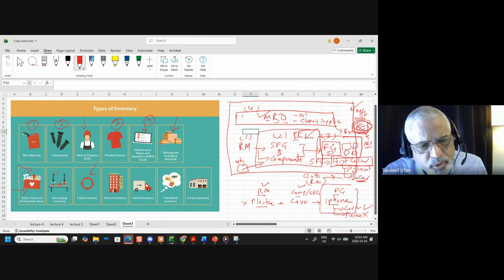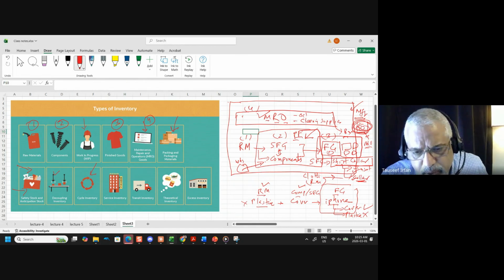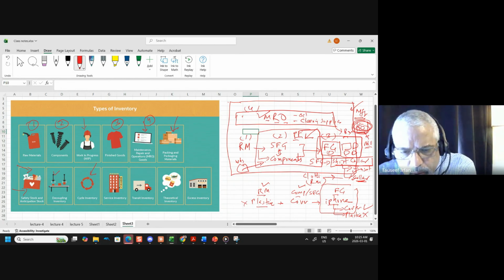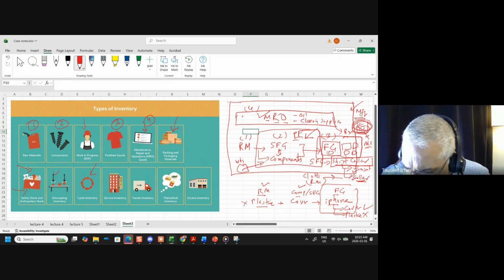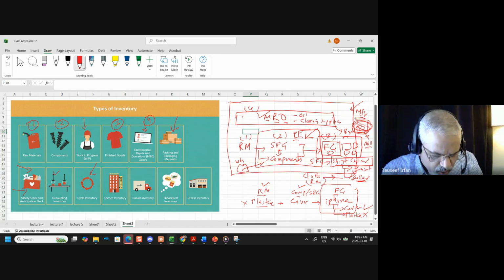If you get a job in the service industry, just make sure you understand supply chain concepts are all valid, but instead of the physical stuff, they have a different language.